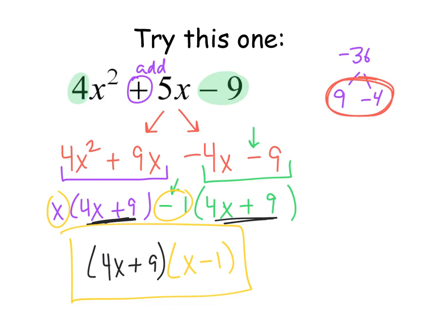Okay, so just practice on these a little bit. They do take a little bit of time to really master the concept. It's just a way to get the job done, like I said. Other things you can try, okay, and when I first learned this, we really did it this way. So if we knew it started with a 4x squared, I would know that I would need 4x and x, or it might be 2x and 2x.